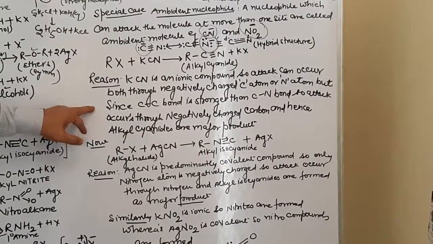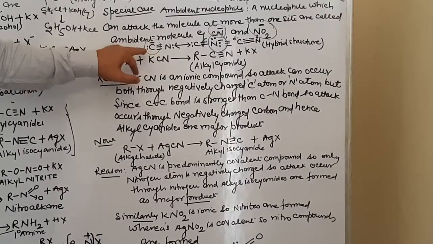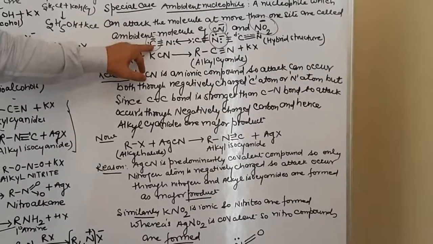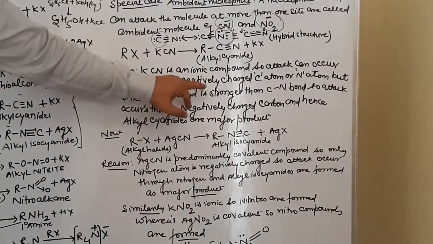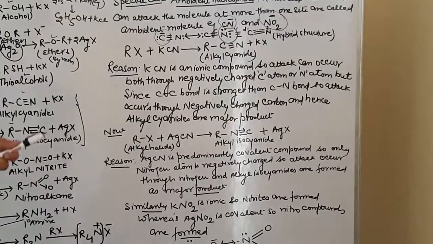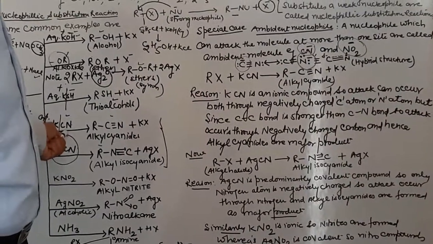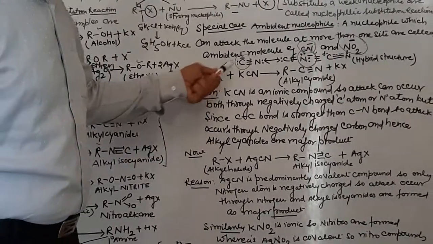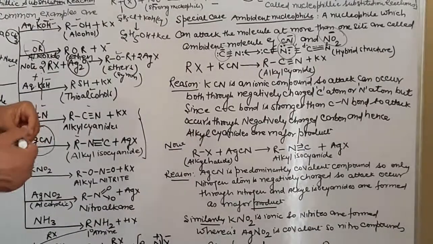But since when the attack takes place, there were 2 possibilities, either the formation of a carbon-carbon bond or a carbon-nitrogen bond. Since the carbon-carbon bond is a stronger bond than the carbon-nitrogen bond, that is why when the attack occurs by KCN, which is an ionic compound, it will result in the formation of alkyl cyanide as a major product over here.